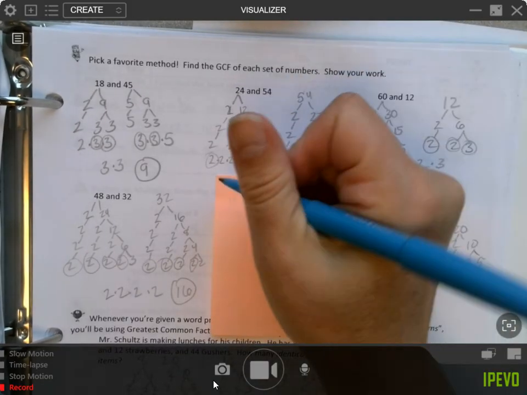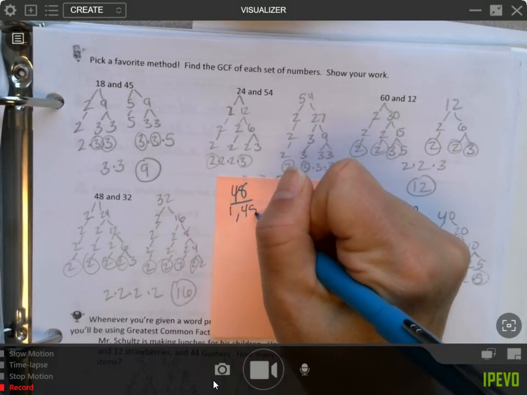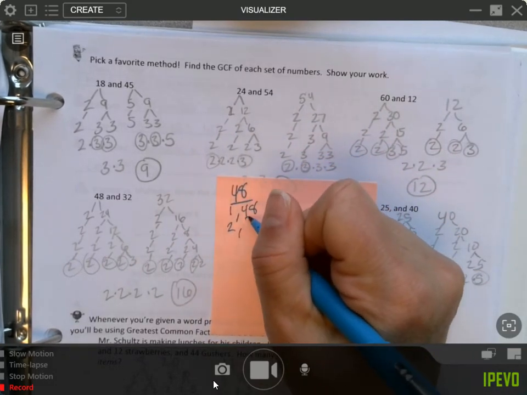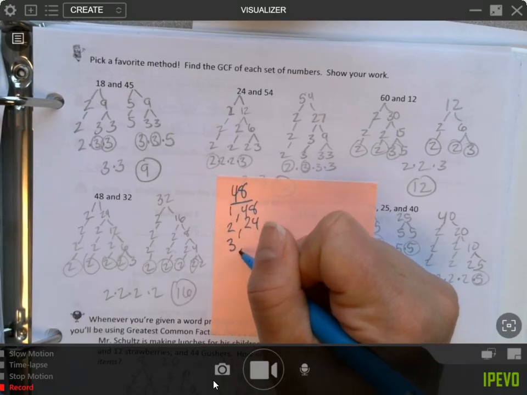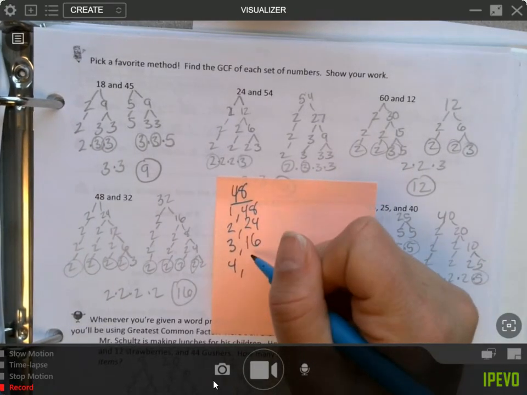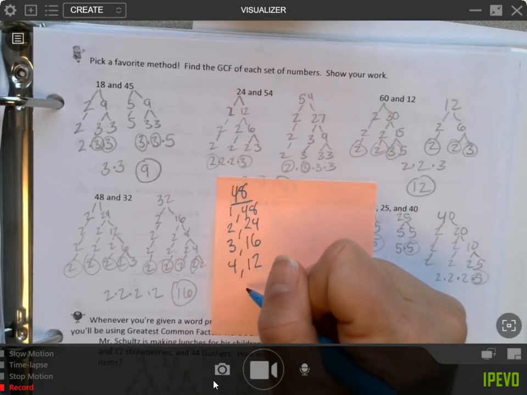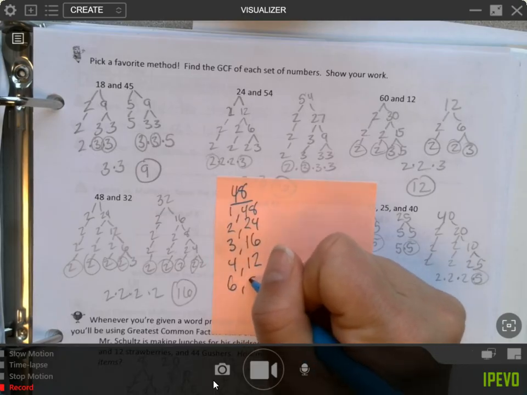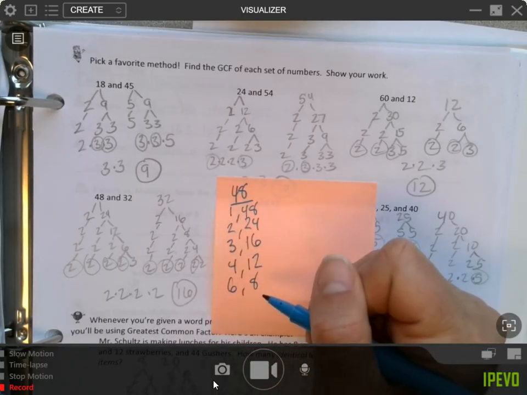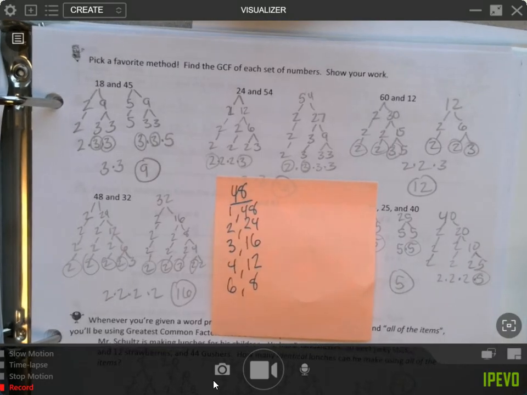So for 48, listing all of those factors, we would have 1 and 48, 2 and 24, 3 and 16, 4 and 12, 6 and 8. I think that's it. Did you get all of those for the 48?